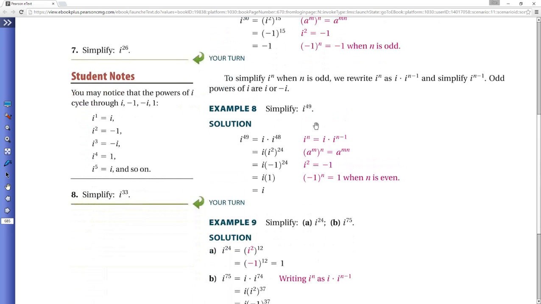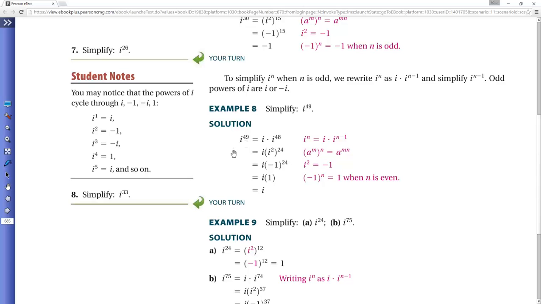Example 8: simplify i to the 49th power. There are really two steps to this. If I don't have an even exponent, it's not going to do me any good to take a -1 out to begin with, and we can talk about that in a little bit.